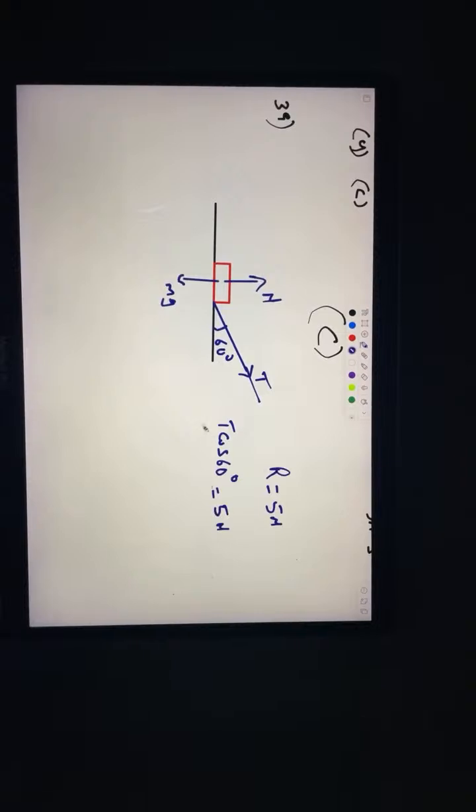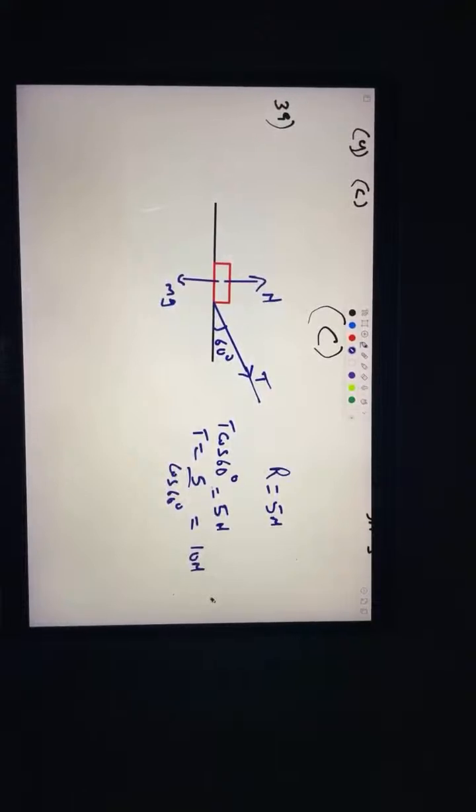Why is it so? Because in this horizontal, only the tension has a horizontal component, and the angle 60 degrees is made with the horizontal. Hence the tension is 5 over cos 60 degrees, and cos 60 degrees is 0.5. So this will be 10 newtons. We have been able to get the tension: the tension is 10 newtons.